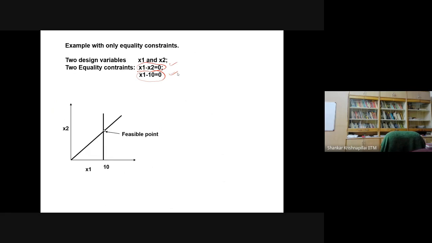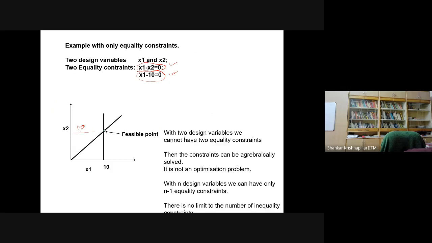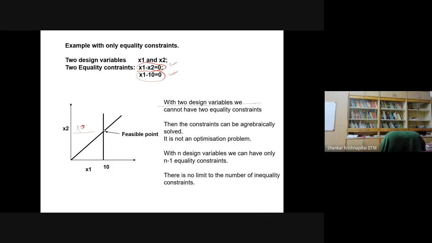You solve it and you get x2 equal to 10 and x1 equal to 10. So with two design variables, we cannot have two equality constraints because it can be algebraically solved and there's no need for minimization or maximization.